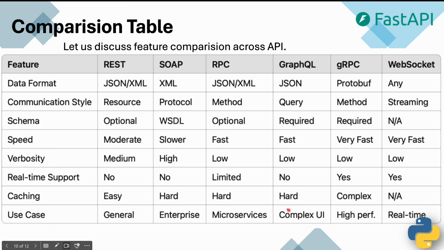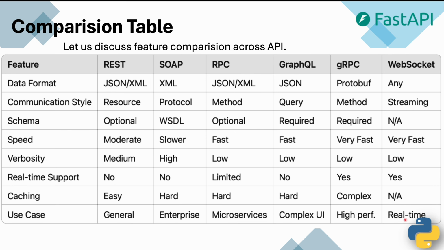GraphQL API: if you have a complex UI and want to communicate between the UI and backend, go for GraphQL because of the complex UI. gRPC API: if you want a high performance server that gives blazing fast speed, gRPC is best. WebSocket API: if you want real-time output, then go for a WebSocket API.